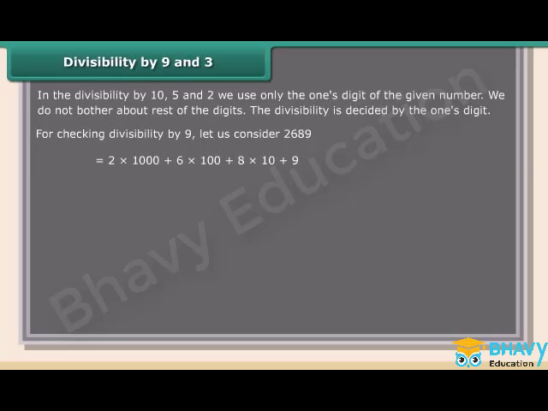2689 is equal to 2 into 1000 plus 6 into 100 plus 8 into 10 plus 9, which is equal to 2 into 999 plus 1, plus 6 into 99 plus 1, plus 8 into 9 plus 1, plus 9, which is equal to 2 into 999 plus 6 into 99 plus 8 into 9 plus 9 plus 6 plus 8 plus 2.